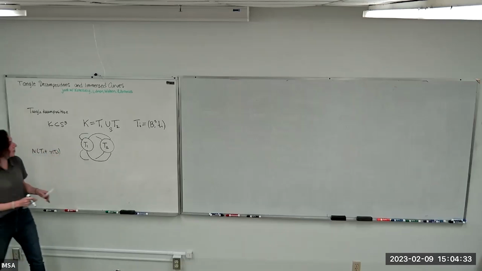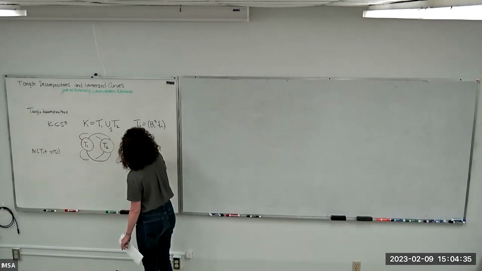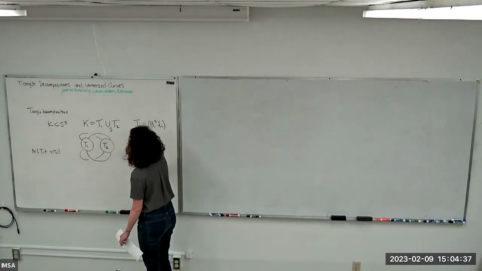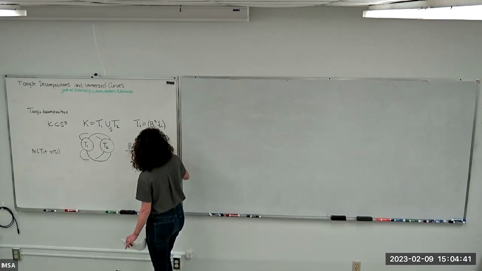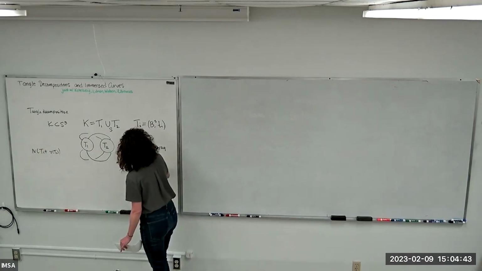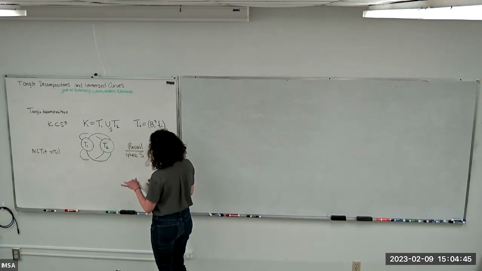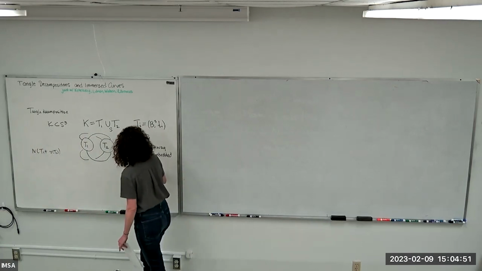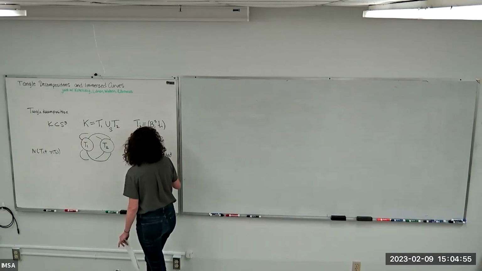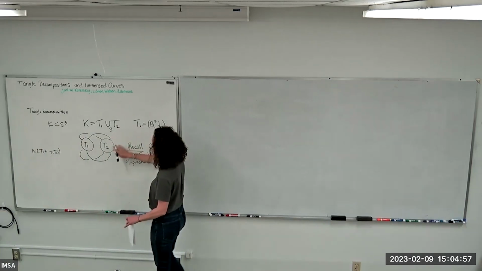Okay. So let's also recall Conway spheres. A Conway sphere S is an embedded 4-punctured sphere. So that's this S that I have right here.